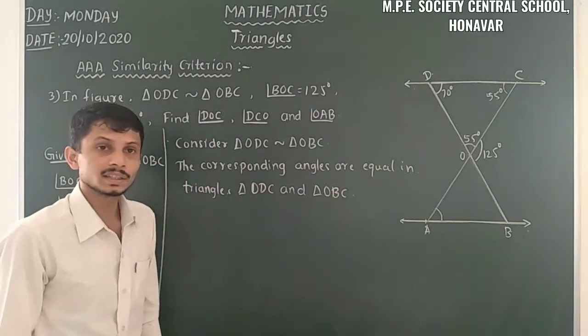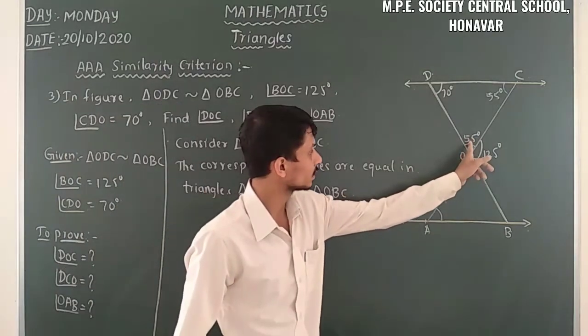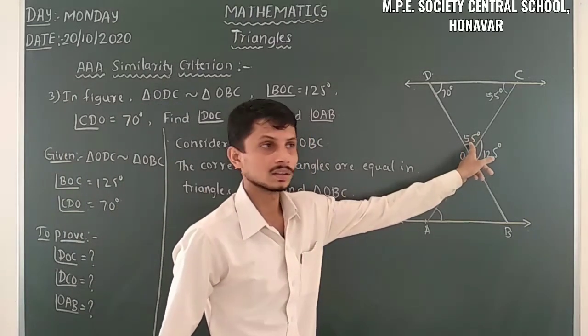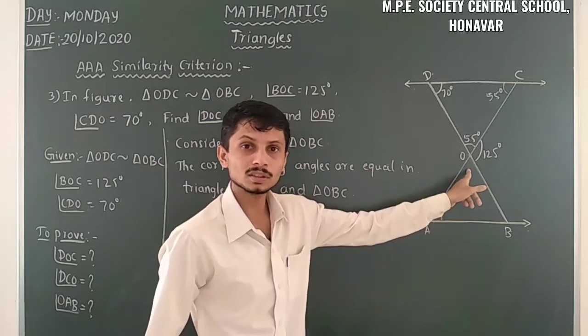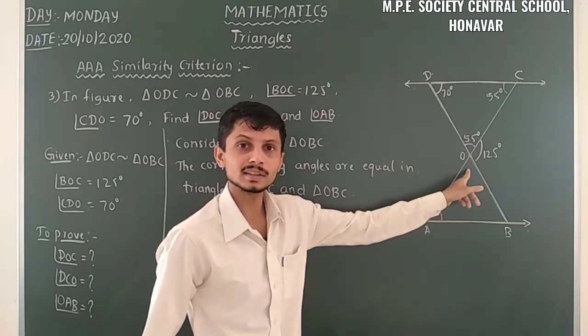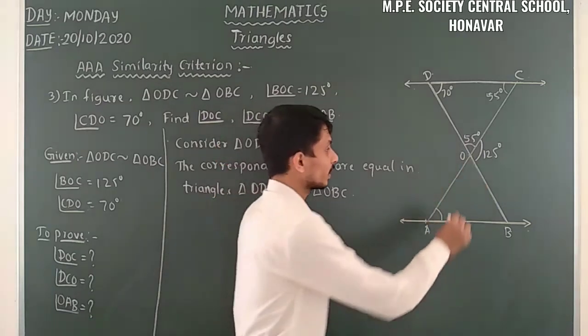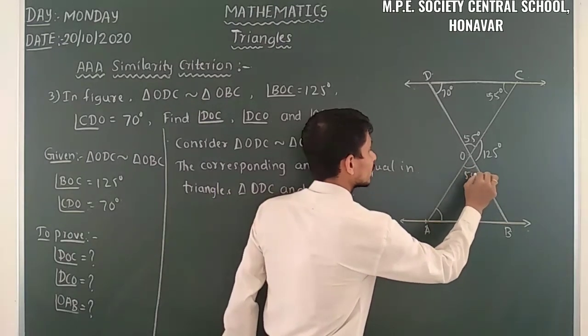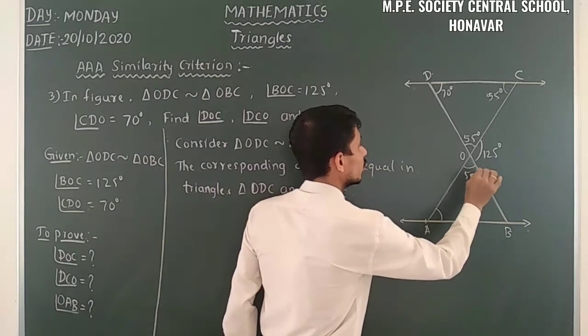So that means, just observe here, when this is 55, this is also 55, because those two are vertically opposite angles, and we can also take them as corresponding angles. It is also 55 degrees.